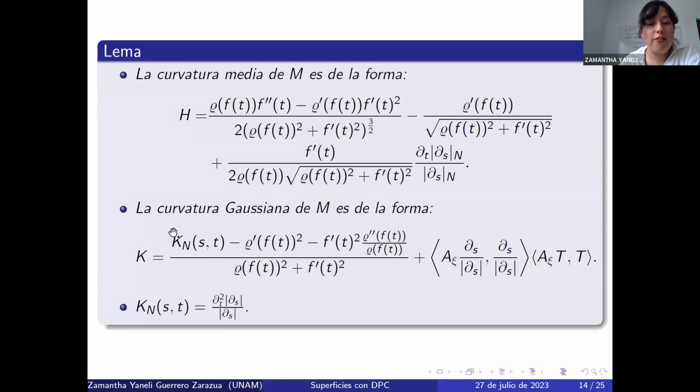Here we again have the curvature of n, and we also have that it is precisely equal to the second derivative of the norm of the derivative of the equidistant curve divided by its norm. So that comes in handy in the proofs.